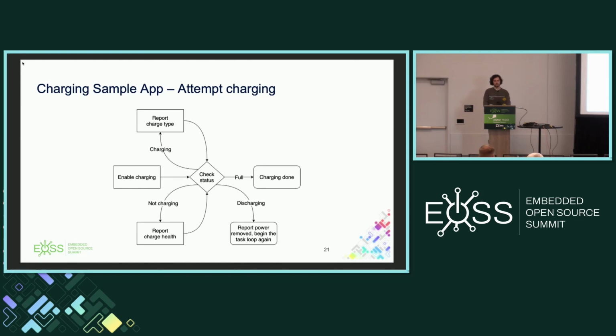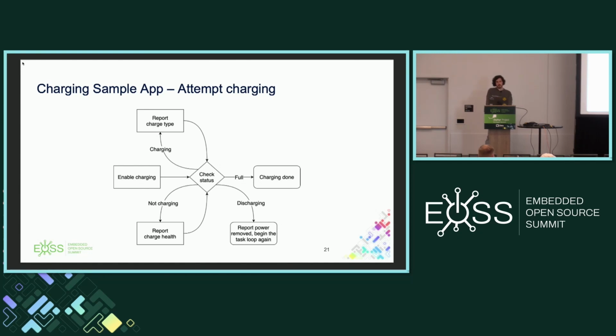Some of those things are really a sign of a system error, like something's gone horribly wrong and you want to stop charging. Some of it is just, you're in a warm spot and you just have to wait it out, and then you will start charging once the fault condition goes away. But in the case of the sample application, it just reports it out to you and does nothing.